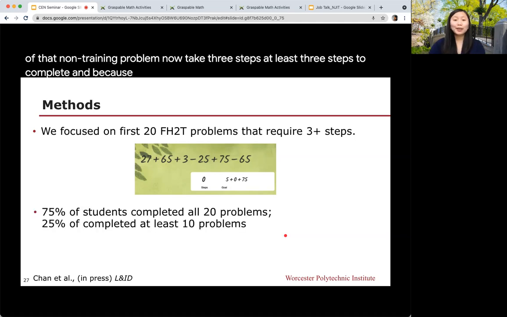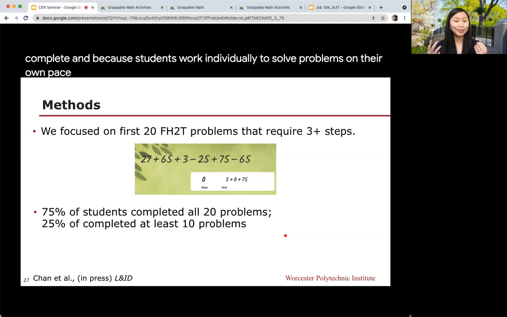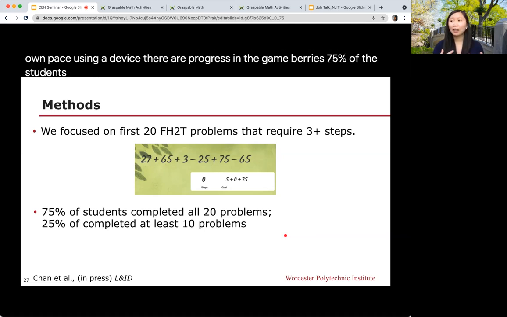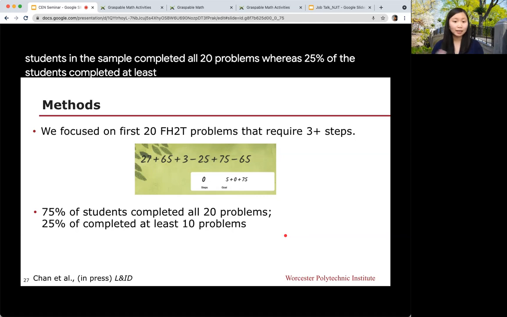And because students work individually to solve problems at their own pace using a device, their progress in the game varies. 75% of the students in the sample completed all 20 problems, whereas 25% of the students completed at least 10 of these problems.